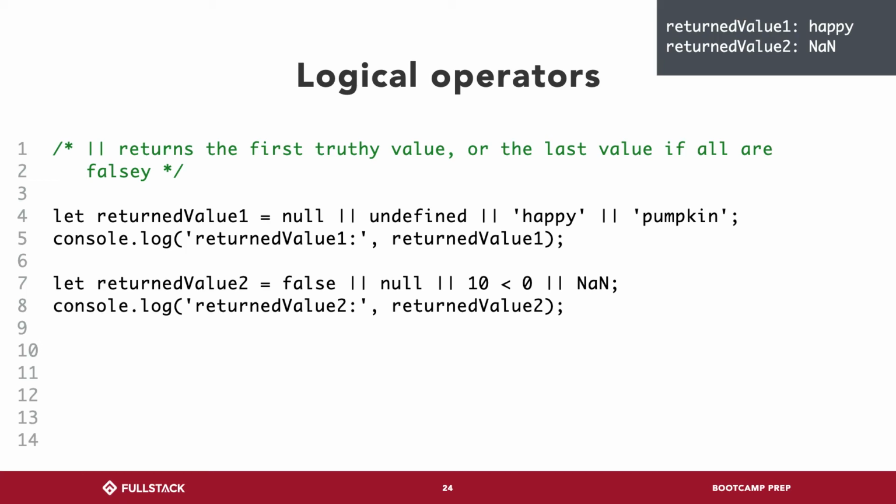False, null, 10 is less than 0, returns false. And not a number, you get not a number. It's the opposite of and. When you use this in an if statement, you have a string of ors, only one of those things has to be a truthy value. Right? Cool.